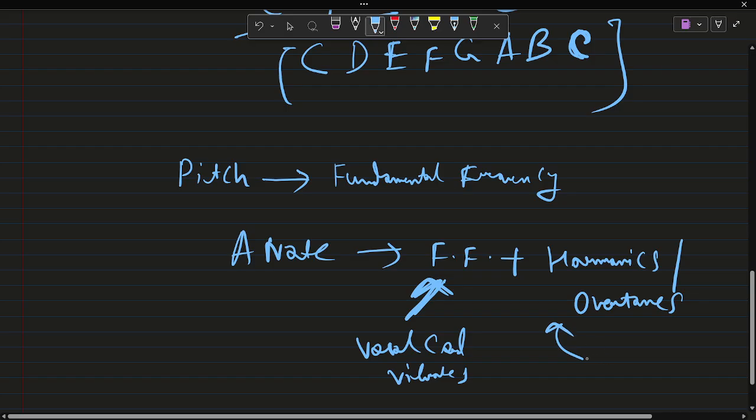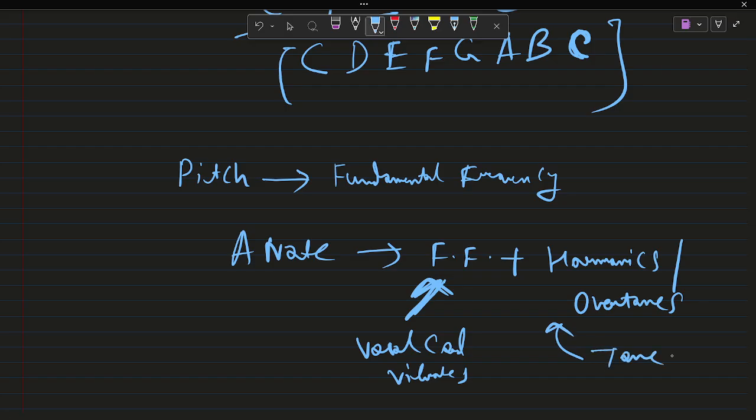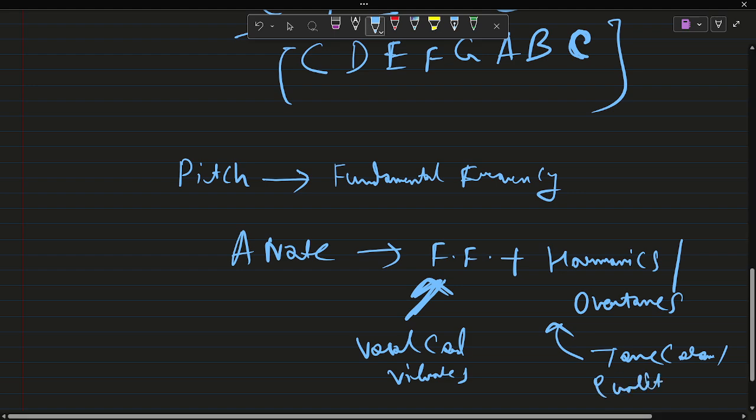And these harmonics actually define the tone color or quality, which we know as the timbre of a voice. That's why I have told you that it is not recommended to use the term tone to define the quality of a voice.